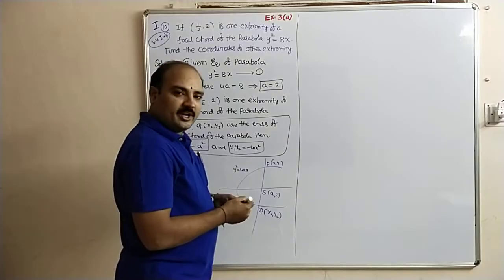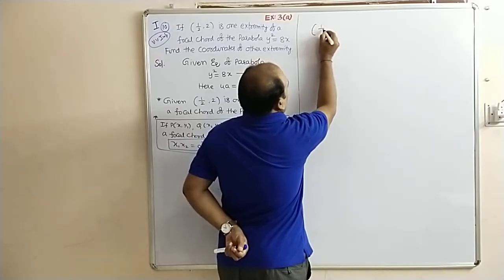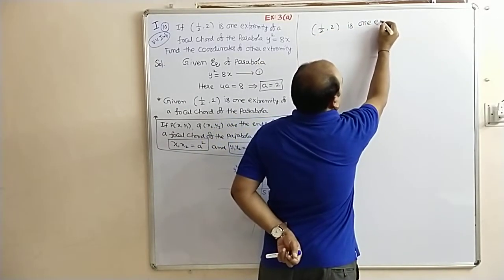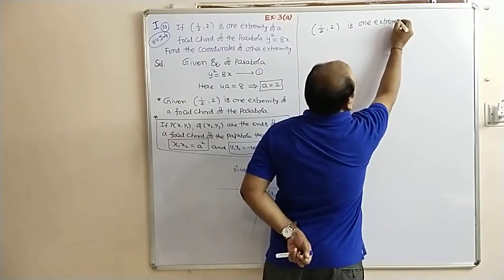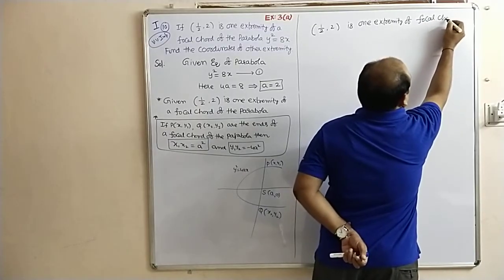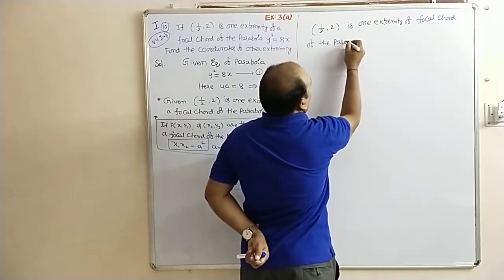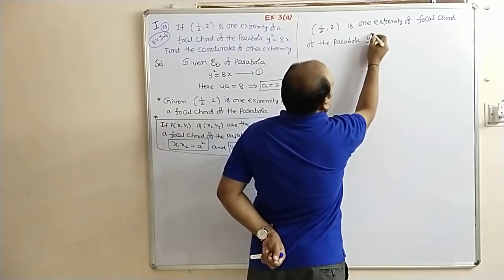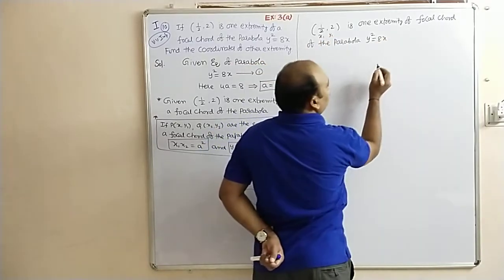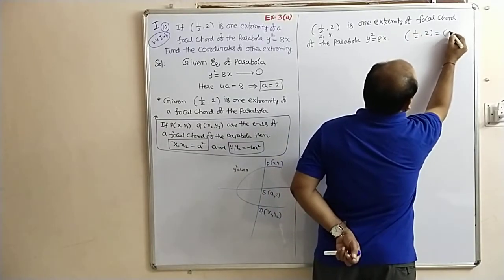Now one extremity is given, (1/2, 2). (1/2, 2) is one extremity of a focal chord of the parabola y square equal to 8x. So this is (x1, y1). Here I am writing separately: (1/2, 2) equal to (x1, y1).